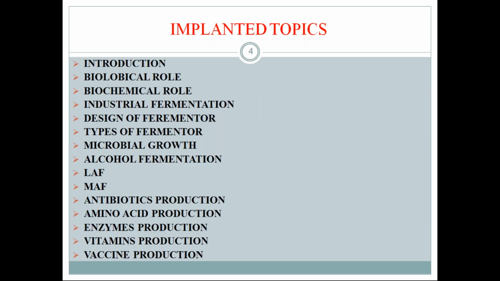In the fermentation procedures, we are going to talk about different products like alcoholic fermentation, lactic acid fermentation, mixed acid fermentation, antibiotics production, amino acid production, enzymes production, vitamins production, and vaccine production. These are some important products which I chose because on these topics many times questions arise in NET, SET, GATE exams. That is why these topics are included.